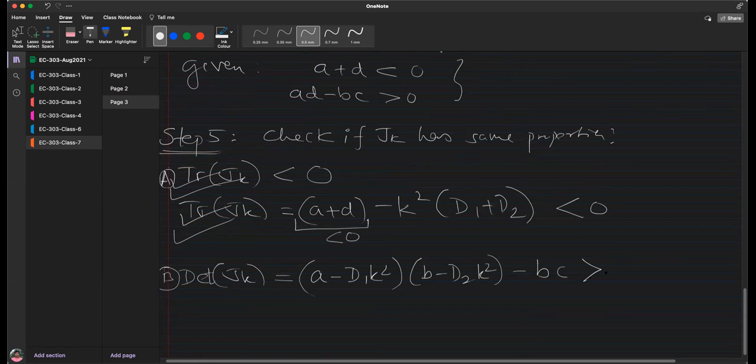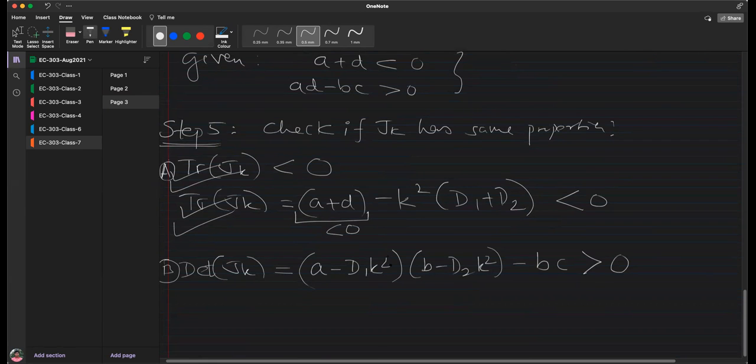We want this to be greater than 0, right, for stability? So what does that simplify to? That becomes AD minus BC.